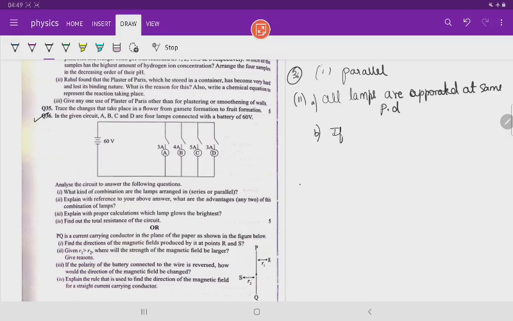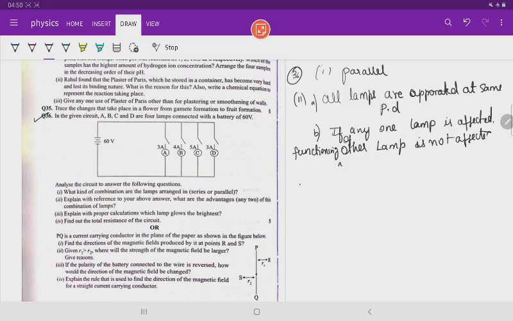And if any one lamp is affected, that means there is any faulty functioning, the other lamps are not affected. All other lamps will function as they are if one lamp is faulty or defective. You can write these two advantages.